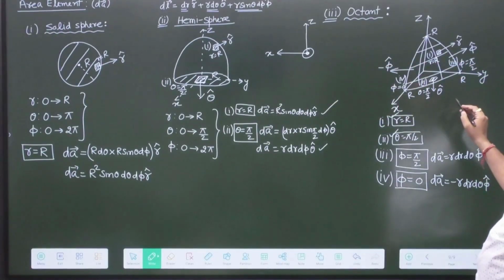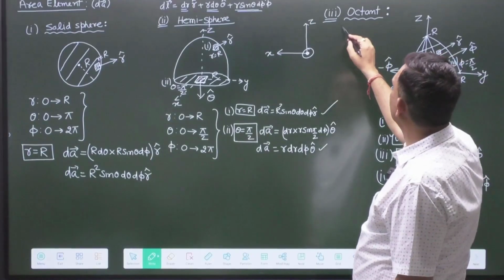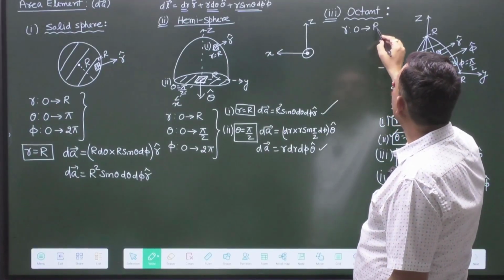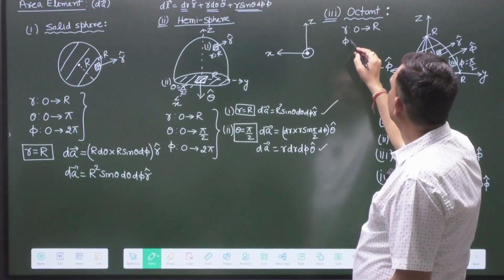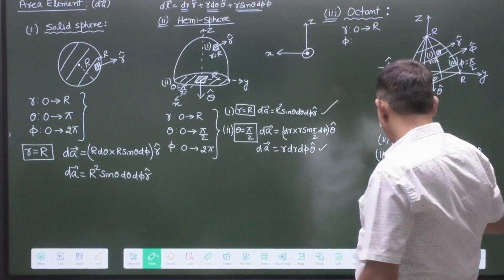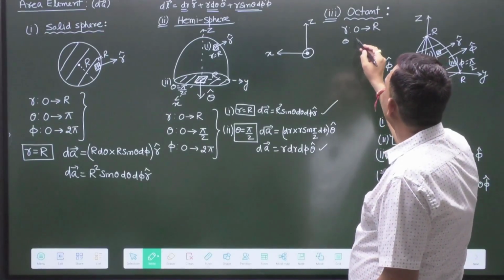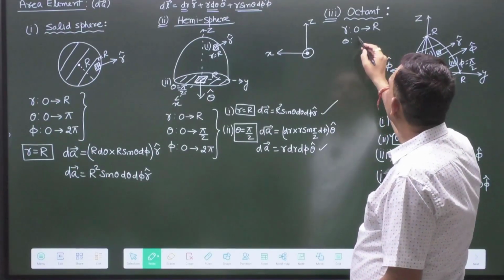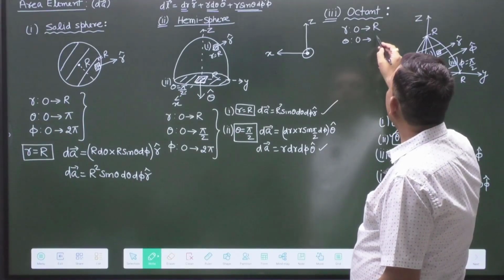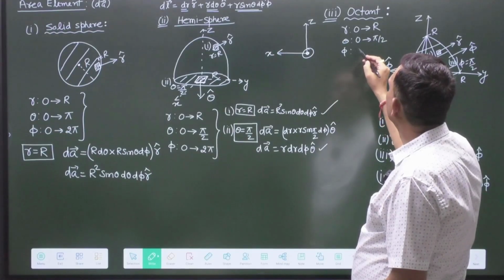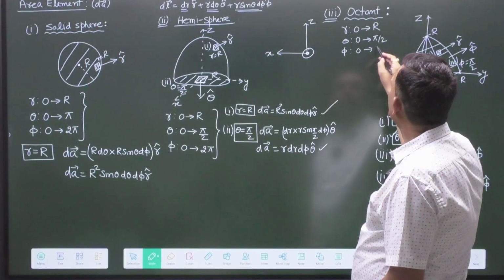And in this particular case, you can see r varies from 0 to R, theta varies from 0 to pi by 2, and phi from 0 to pi by 2.